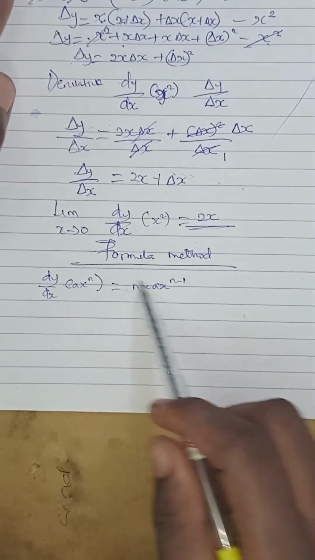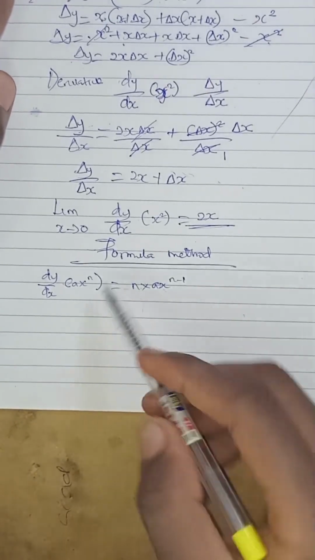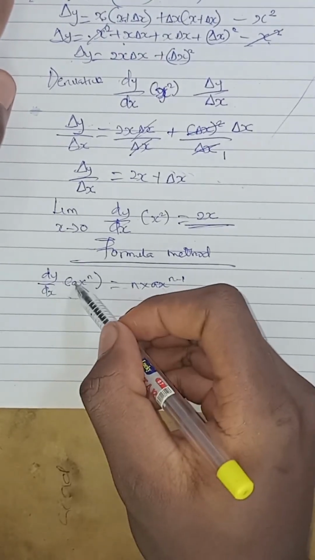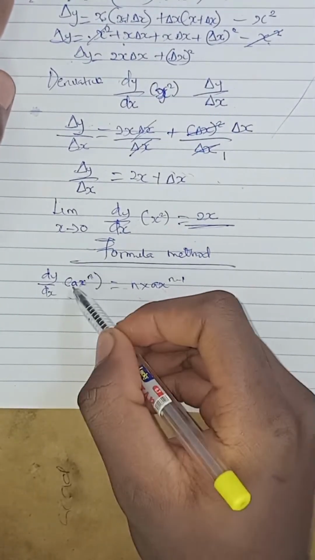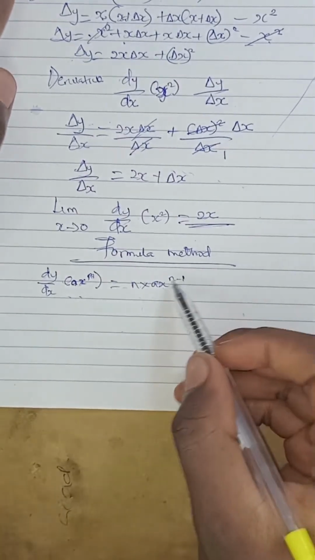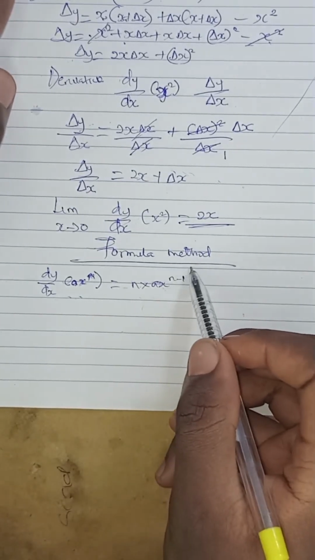Finding the derivative of this kind of function, right? If you have to find derivative of any function, this is the formula. Let's say we have the function ax to the power of n, where a and n are constants and x the variable. They are going to have n times ax to the power of n minus 1.